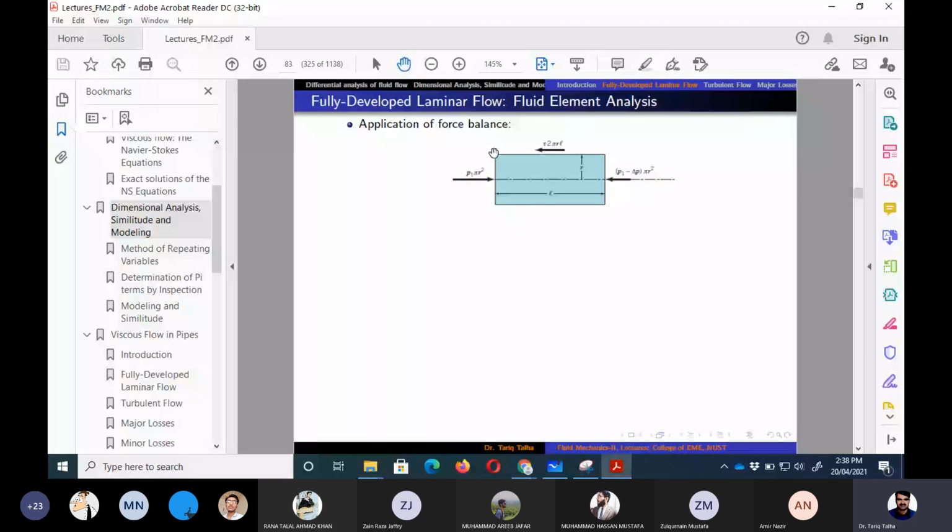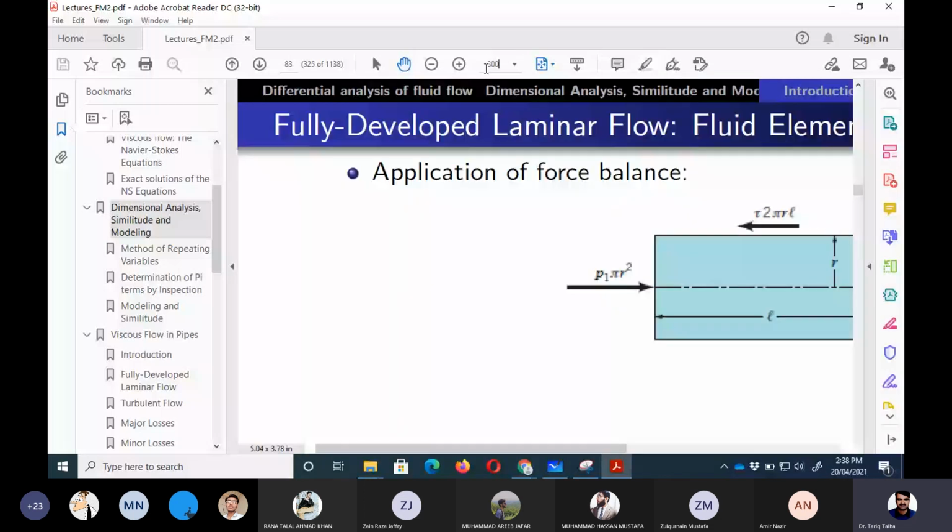As I have already explained, it is a circular element if we see from this side, and because its radius is r, the cross-sectional area would be pi r square. Maybe I need to zoom in a little bit. So now it is a little more visible.